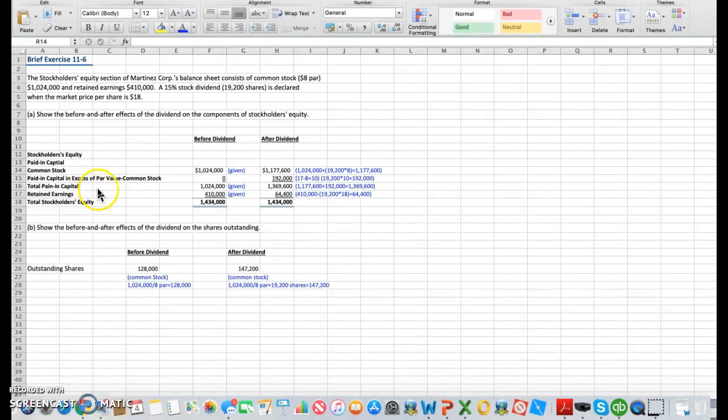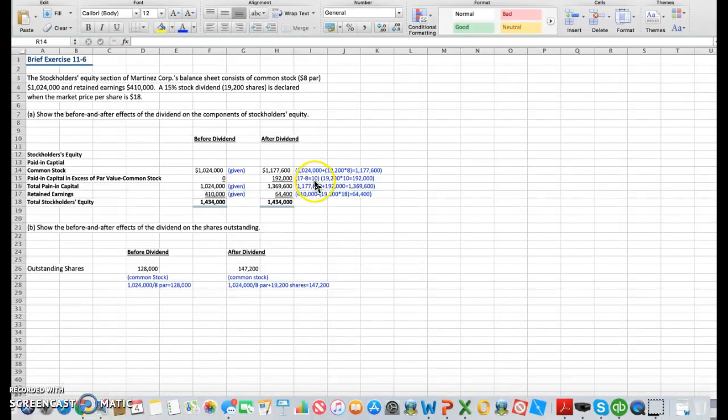Now we go to the paid-in capital in excess of par value, common stock. We have none given to us. To find the after dividend, we first find what to multiply the shares by. We take the price per share, which is 18 (I put in the wrong number earlier), minus 8, which equals 10.